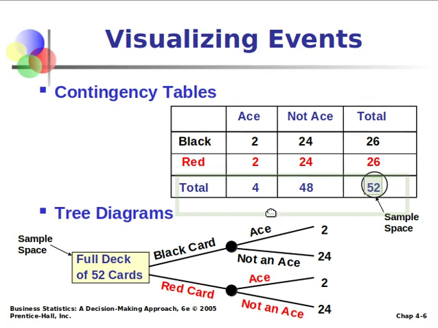And out of that, the same with the contingency table, there are 26 black cards and 26 red cards. It's all the same idea, only using a different way of visualizing the event.